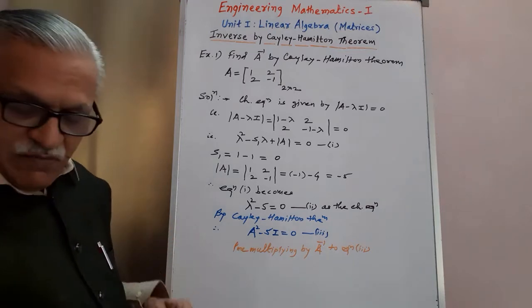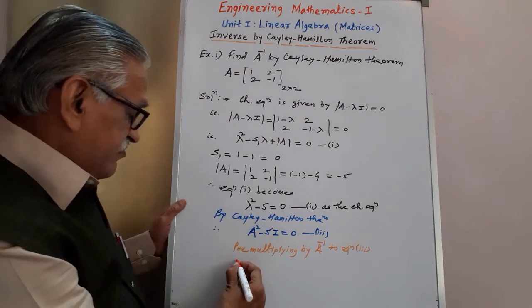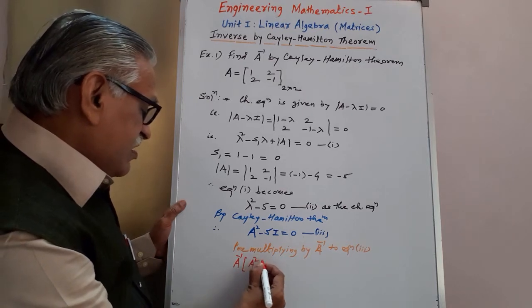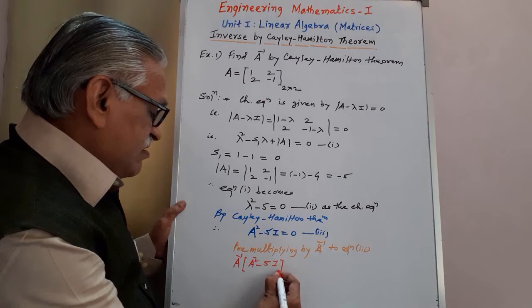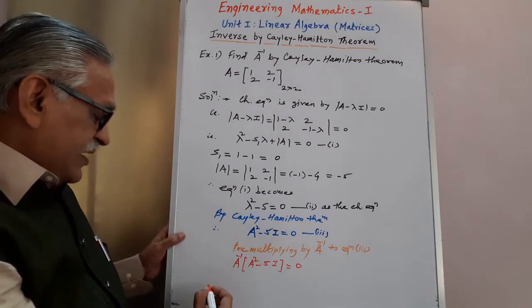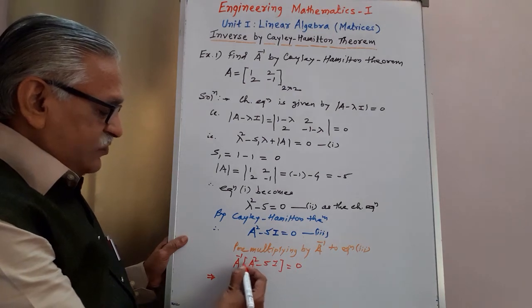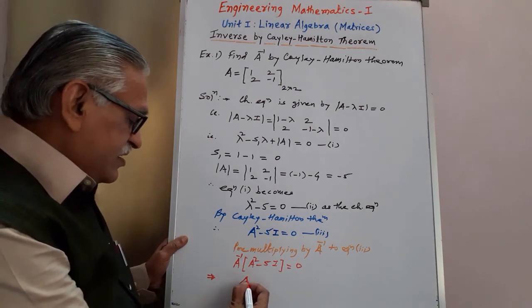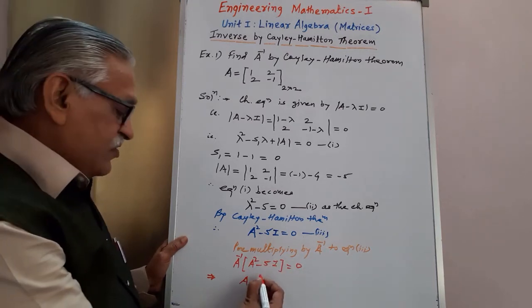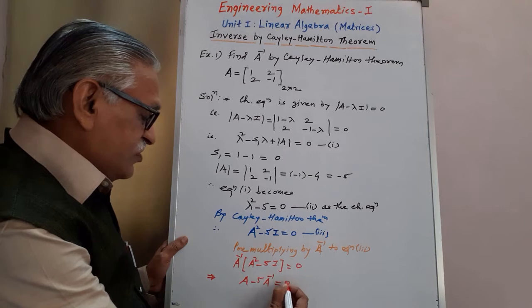if we multiply by A inverse, we get A inverse multiplied by A square minus 5I equals A inverse into 0, the right hand side remains 0. This implies, multiplying it inside, A square into A raised to minus 1 we get A, minus A inverse into the identity matrix, we get 5 A inverse equals 0.